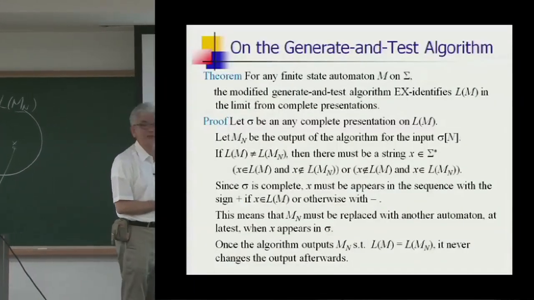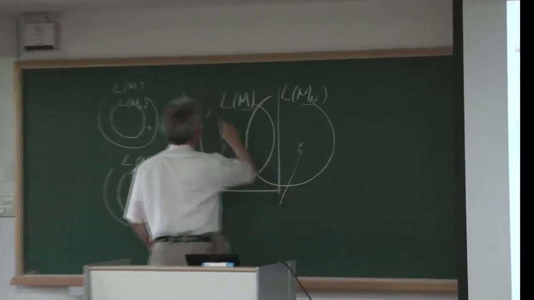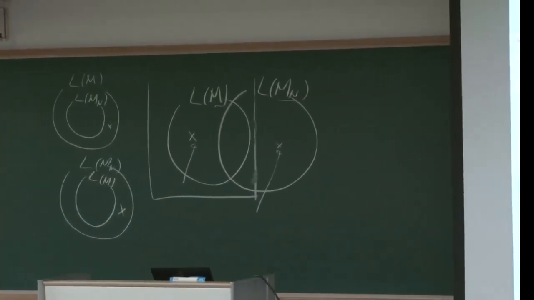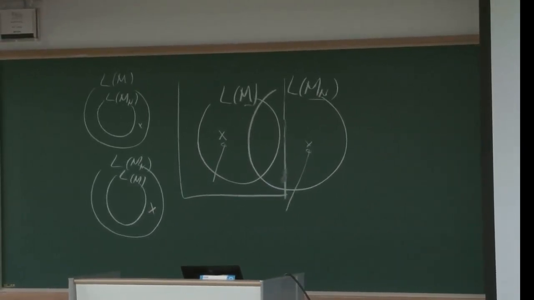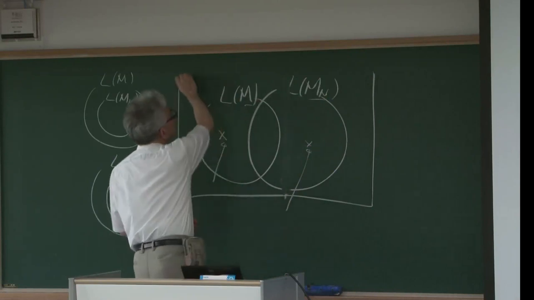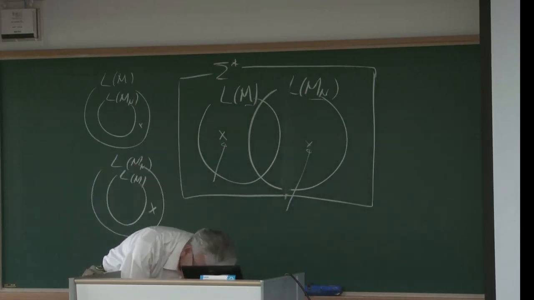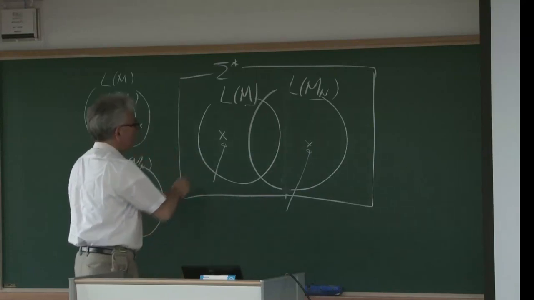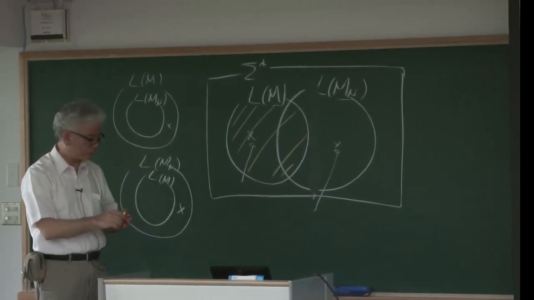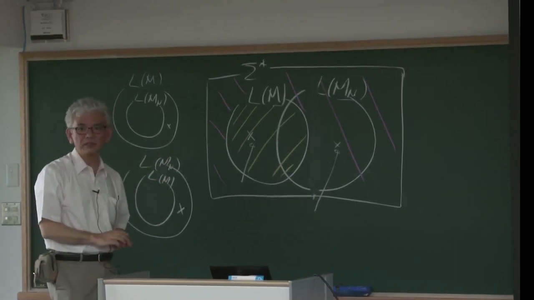And since sigma is complete, it means that the whole of these data appears in sigma as positive examples, and 4 of these parts appears in the negative example in the sequence presentation sigma.